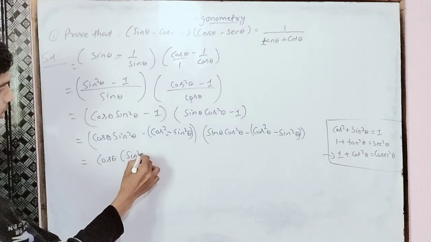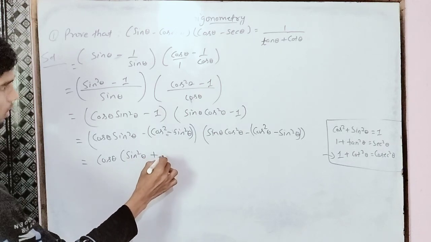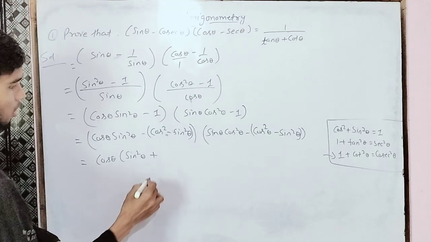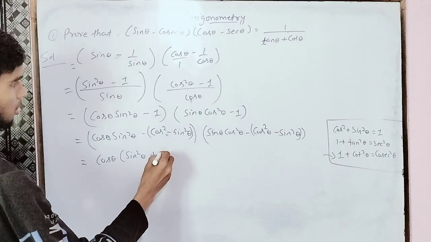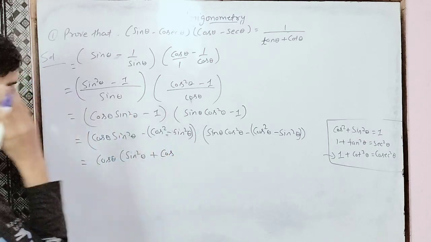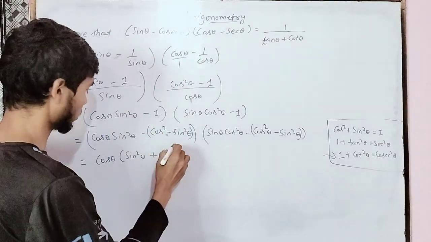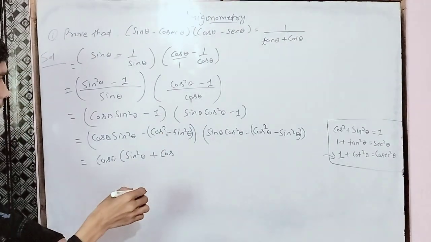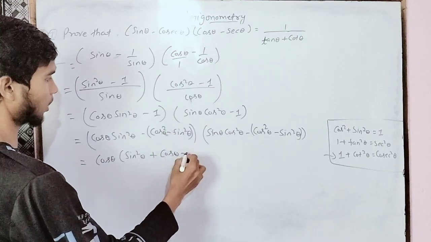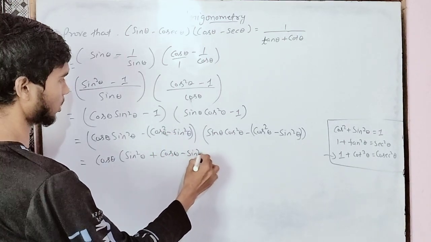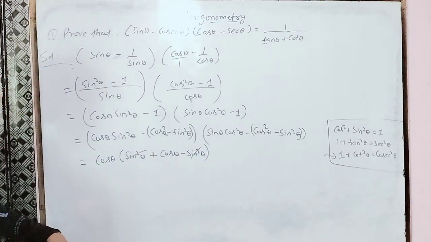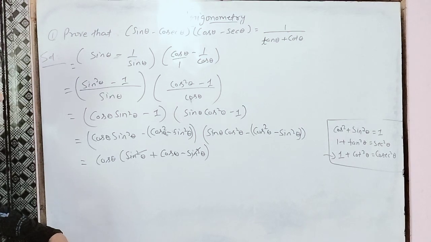So we have sin square theta plus cos square theta. Now minus sin square theta, it will cut. We have cos plus cos.